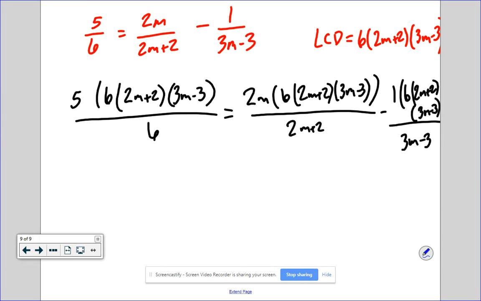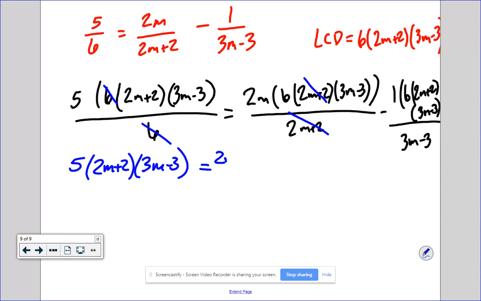So, you write it all out. Now you cancel what they have in common. First one, 6 and 6. So that leaves 5 times 2m plus 2 times 3m minus 3. The right side, the first one, 2m minus 2. So I've got 2m times 6 times 3m minus 3.